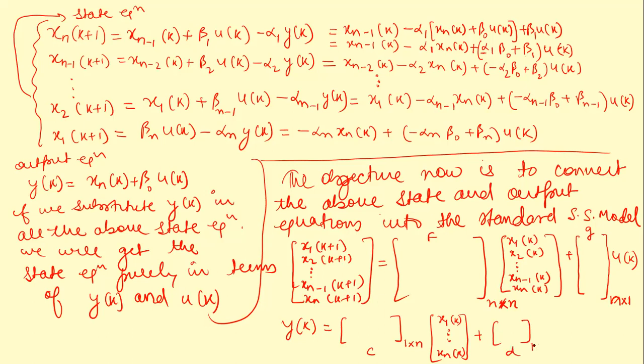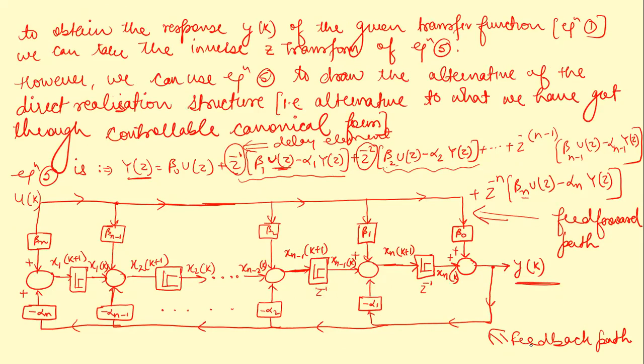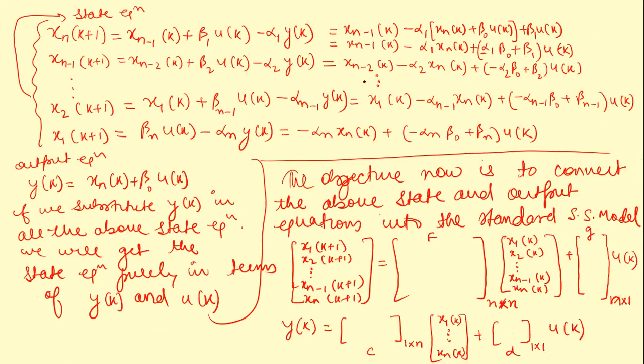It is 1 into 1 matrix and uk. So this is the standard form. As we can see, we already have this kind of representation, so we can write these equations in terms of the standard state space. So let us write all these equations.